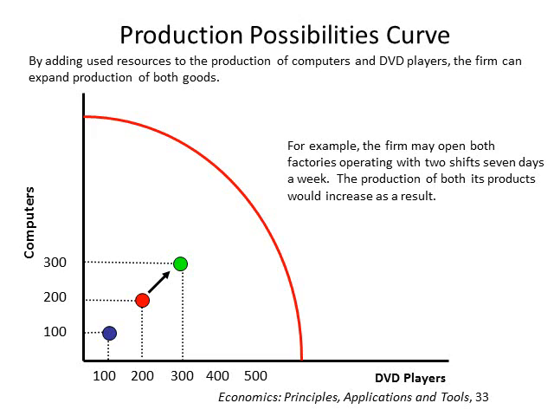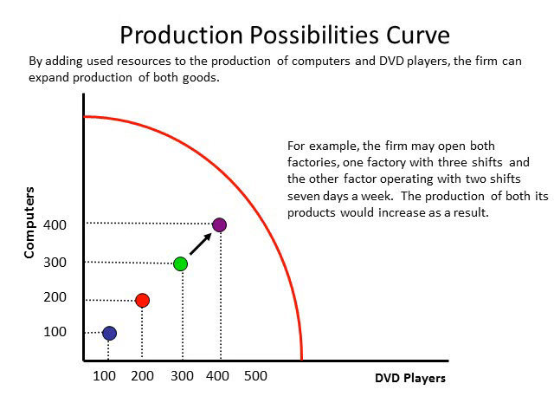If the firm operated its factories with 2 shifts 7 days a week, its production would increase even more. So by increasing the amount of time that the factories are open, the firm is producing both more computers and more DVD players.